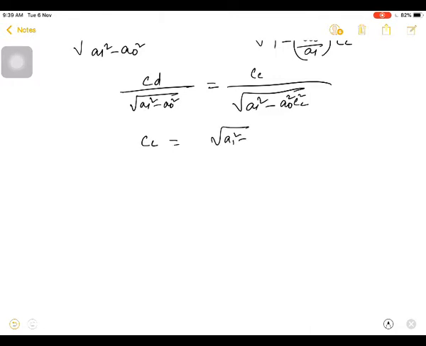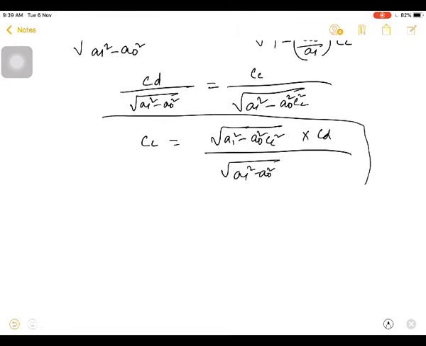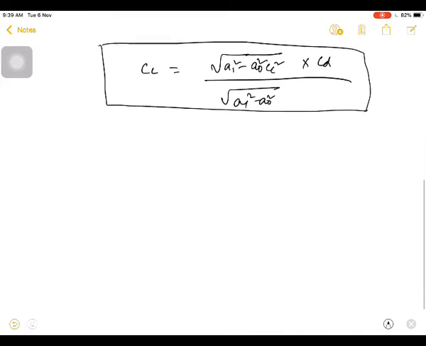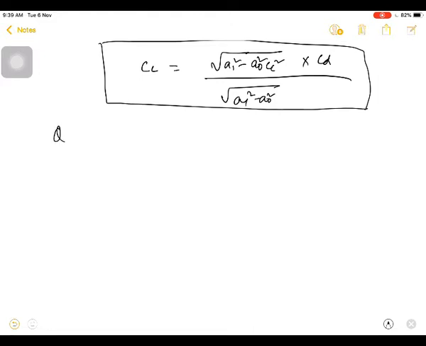So what's the value of CC? CC equal to root of A1 square minus A0 square CC square into CD by root of A1 square minus A0 square. Simple calculation, you just have to compare the first two equations.